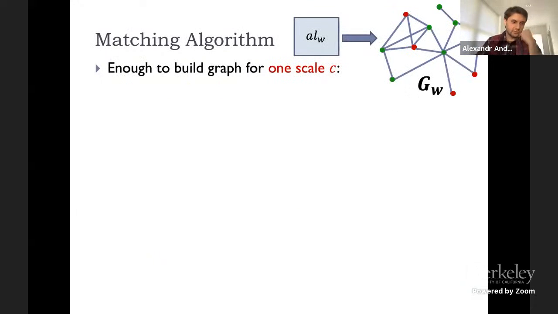Okay, so let me talk about the matching algorithm. This is where some heavy stuff goes. Again, let me try to simplify these things as much as I can. So first of all, what do we do? We have an oracle, ALW, which for every pair of substrings ij gives the distance between them.